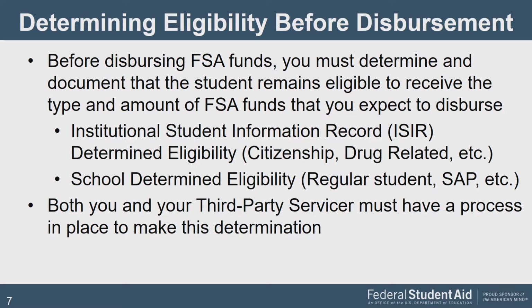There could be comments on there that would not allow a student to receive funds until those issues were cleared up. So you're checking on all of that information before you actually make the disbursement. You're making sure that student is a regular student, a citizen. They're making SAP. Okay? And this rule applies not only to the institution, but it also applies to the third-party servicer that you have working for you.